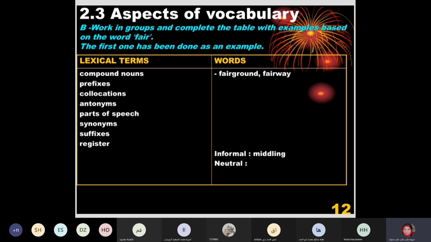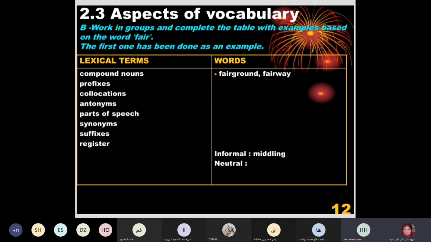Different parts of speech of the word fair. Fairness. Yes, it's fairness. Who else?